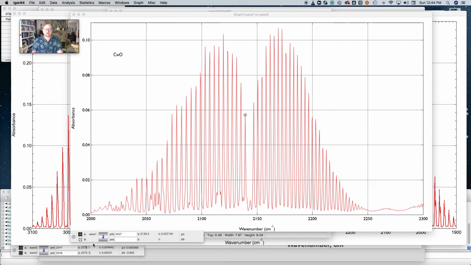And if I compare these two values, we know that these are supposed to be 2B apart. And so I have 2139.3 minus 2135.4. That gives me 3.9. So divided by 2, that's 1.95 wave number for the B constant.